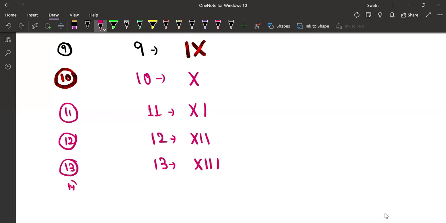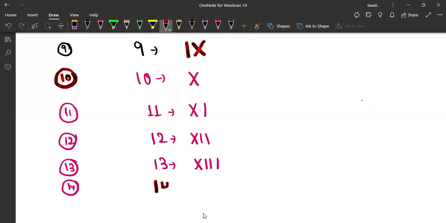Next, 14, right? So for 14, what can we do? See, here I just want to tell you one thing. For 14, I cannot write X and then I, I, I, I because this is wrong. I cannot repeat I more than 3 times. And we do not have any symbol for 15, which I can write and then subtract 1 to get 14. No, that is also not correct. But we have a very nice way to write 14.